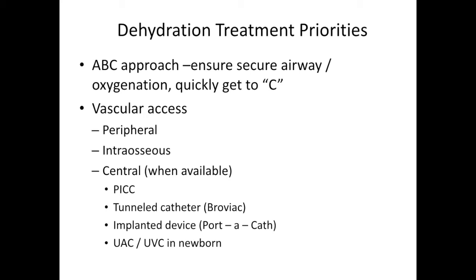And yes, what that means is we are literally taking a large bore needle and we are putting it right into the bone. And then, of course, we have our variety of central lines, the PICCs, the Broviacs, Port-a-Caths, and in the newborn, for the first couple days of life, up to about 4 days, we have access to the umbilical artery or the umbilical vein.